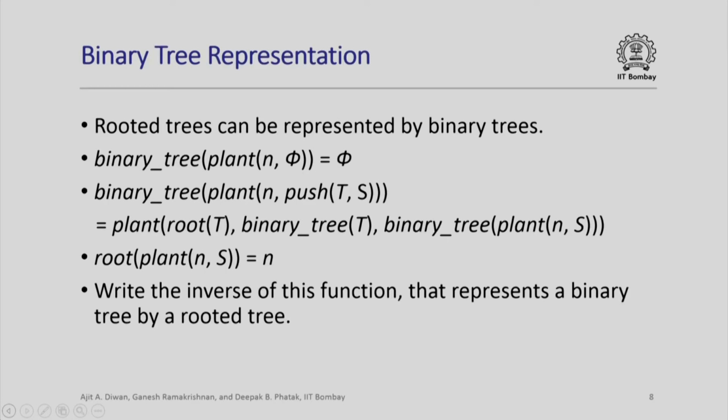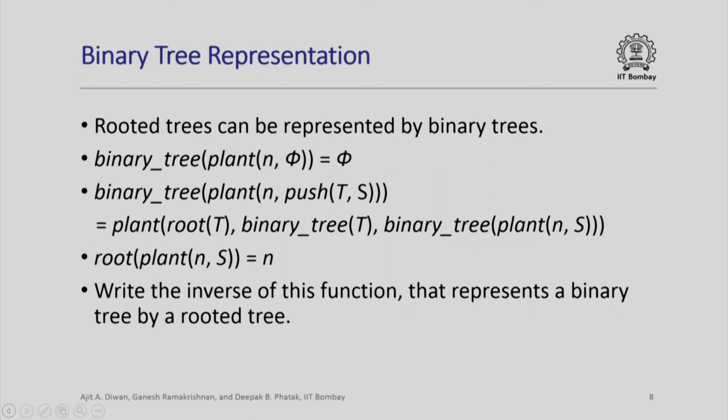Actually, binary trees and rooted trees are quite similar, and we can represent rooted trees by binary trees. This is a function which converts a rooted tree into a binary tree which has one less node than the rooted tree. If a rooted tree has a node n and an empty sequence of subtrees, it is represented by the empty binary tree.